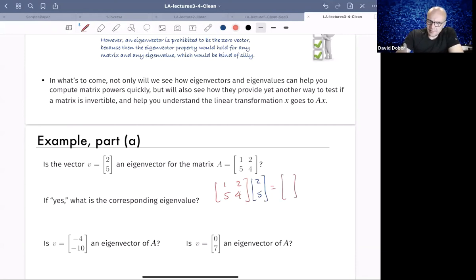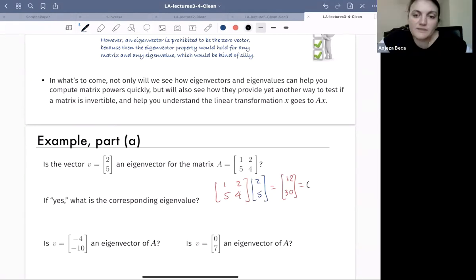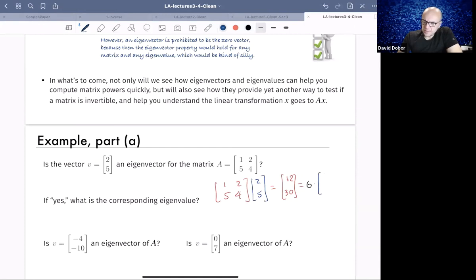Okay, so why is that? So 1 times 2 plus 2 times 5, that's 12, right? 5 times 2 plus 4 times 5, that's 30. Why is this an eigenvector? Because it's 6 times V.